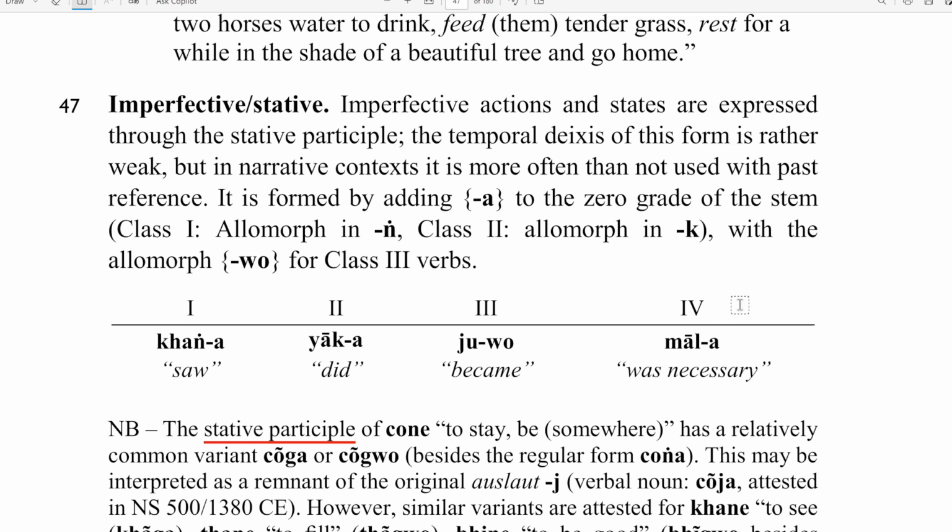So in the perfective past, you have mala, mala, malo, malan, etc. But here the stative participle is also mala, so it's the same. We can't really figure out whether it's a perfective past or a stative participle at the end of the sentence, and it's just like something is necessary or something was necessary.